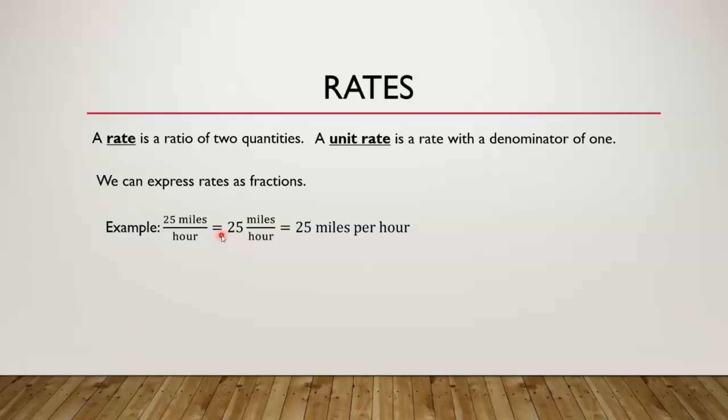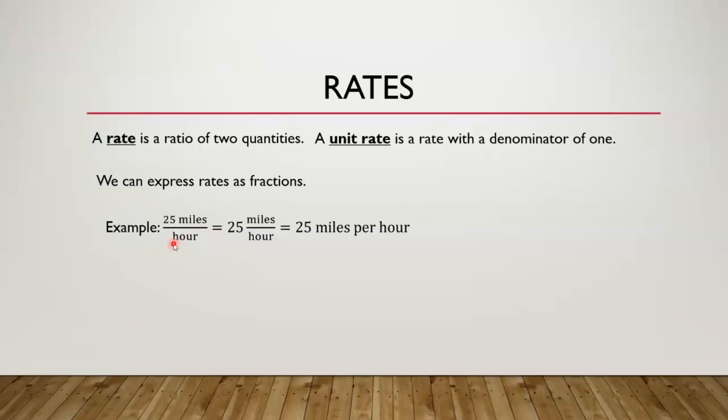At that speed, for each hour we drive, we go a distance of 25 miles. After 1 hour, we traveled 25 miles. Another hour goes by, we went another 25 miles, assuming our speed is constant. So in total we would have gone 50 miles because we drove 2 hours. And again, this is a unit rate because we're dividing by 1 hour.